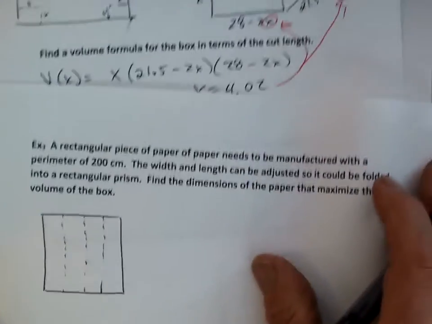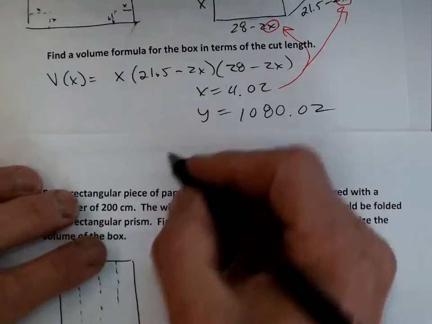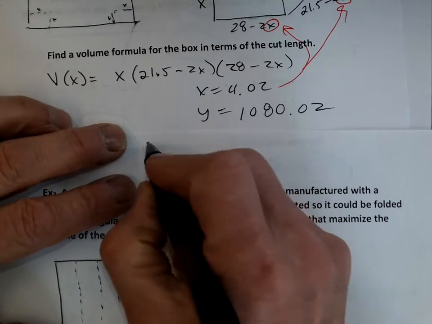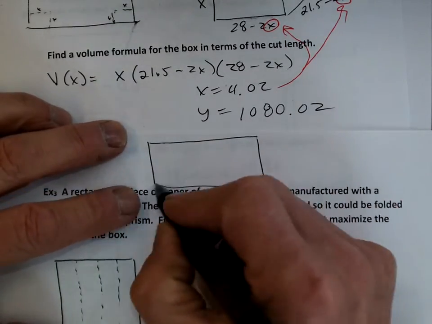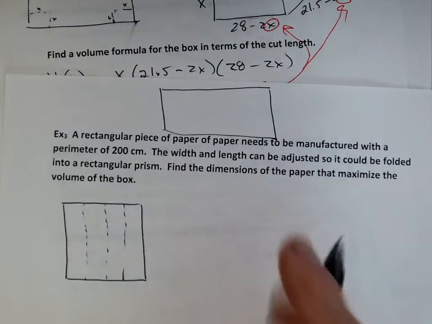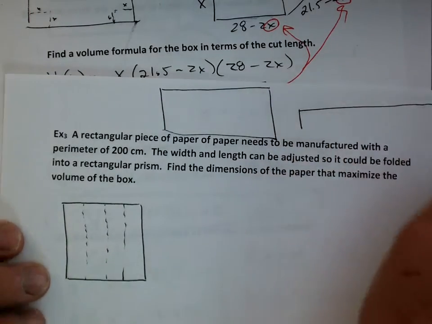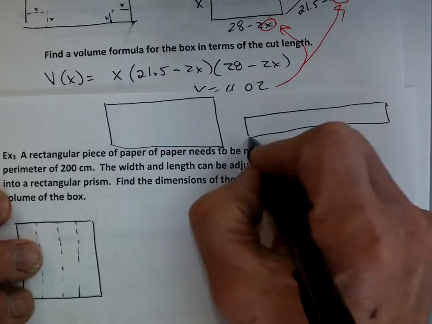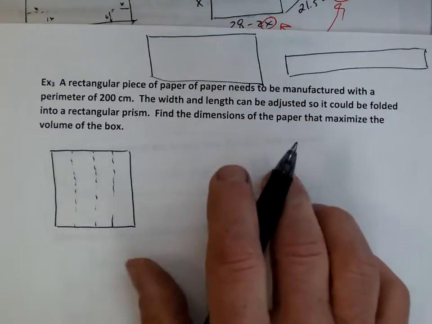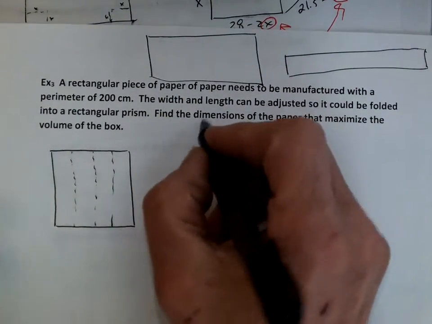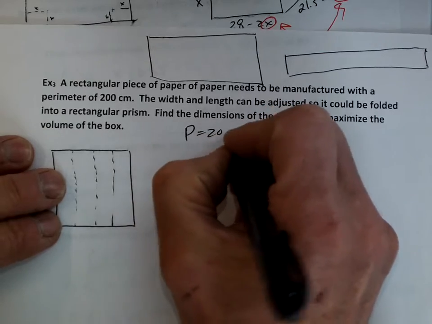Just for example, the same piece of paper could be shaped maybe like this, hypothetically, or even like this. So we don't know the shape of the paper, we just know the perimeter has to equal 200, right?